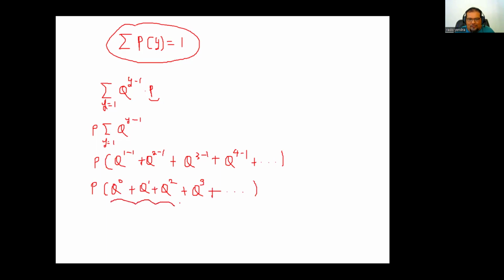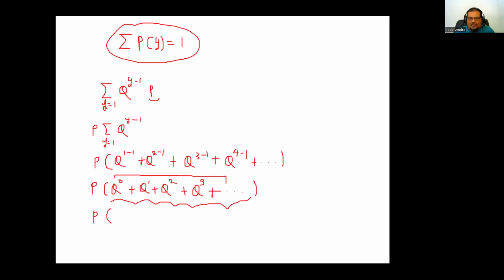If we think about this series, of course, we must remember the geometric series. The geometric series has the same ratio between the later value and the earlier value. If we look at this series, we will find the ratio is q.